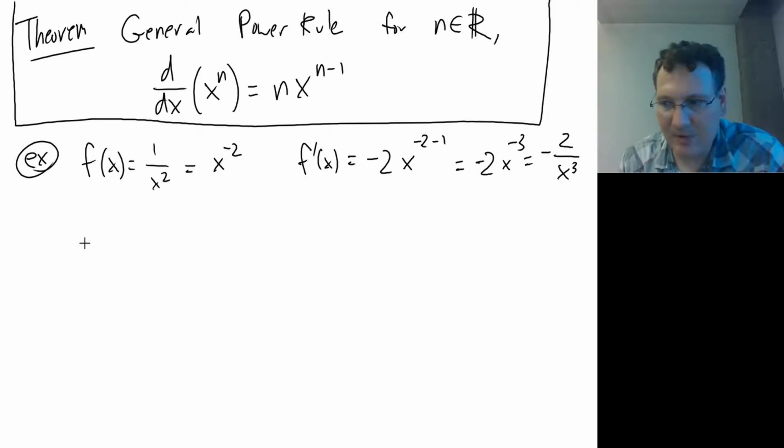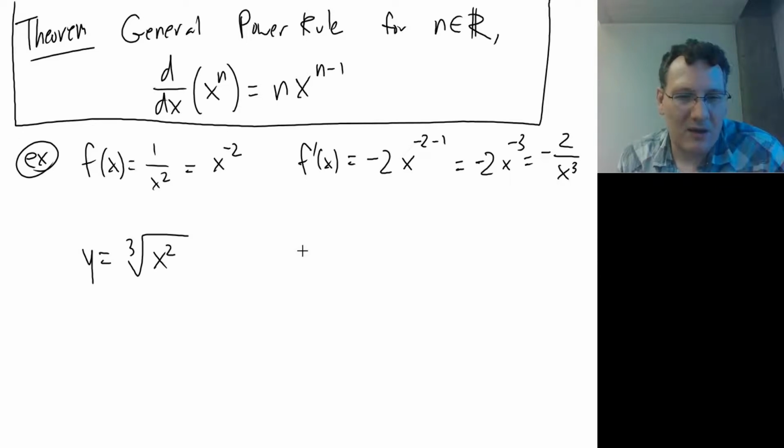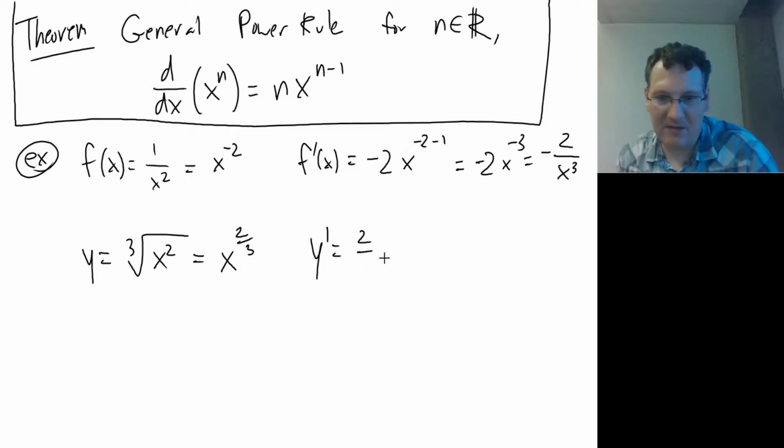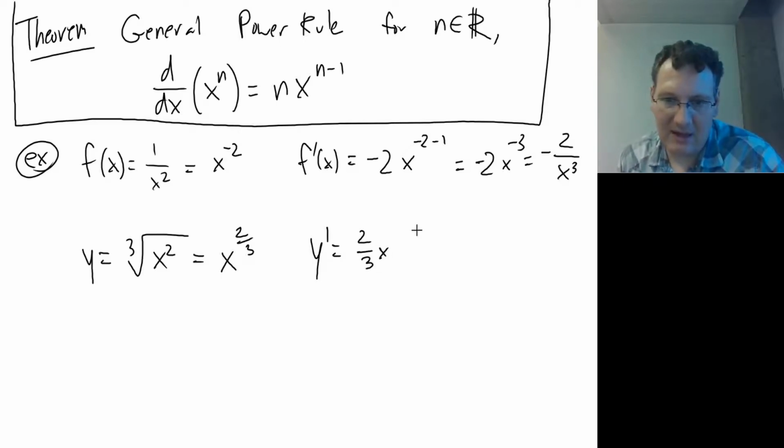Here's another example. If y is the cubed root of x squared, which we can write as a fractional exponent, that's x to the 2/3. Well, y prime is going to be 2/3 x to the 2/3 minus 1.